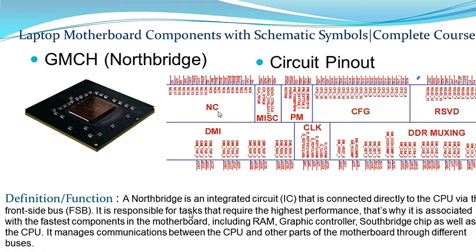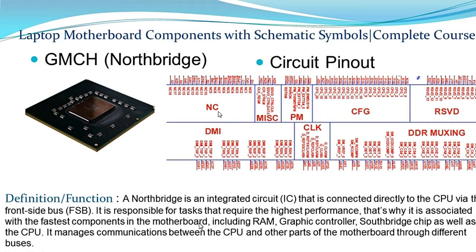It is responsible for tasks that require the highest performance, for example memory and graphic or display operations. That's why it is associated with the fastest components in the motherboard.